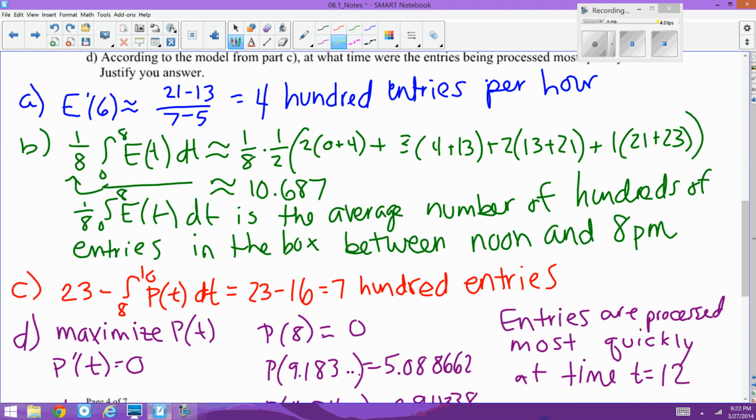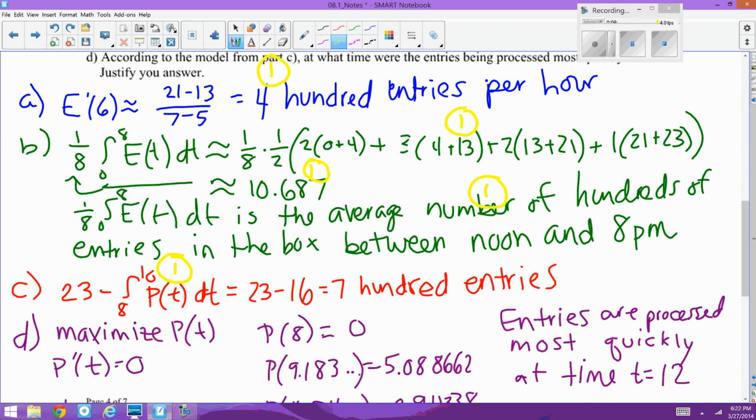So, part A, you get 1 point for the 400 entries per hour. Okay, part B, you get a point for showing that trapezoidal sum. You get a point for the value. Okay, and you also get a point for your explanation. Part C, you get a point just for writing that integral.